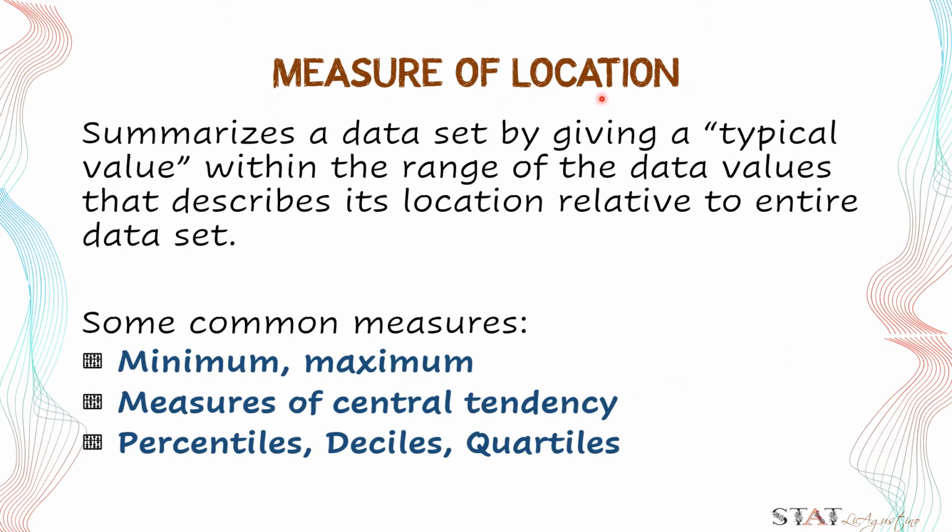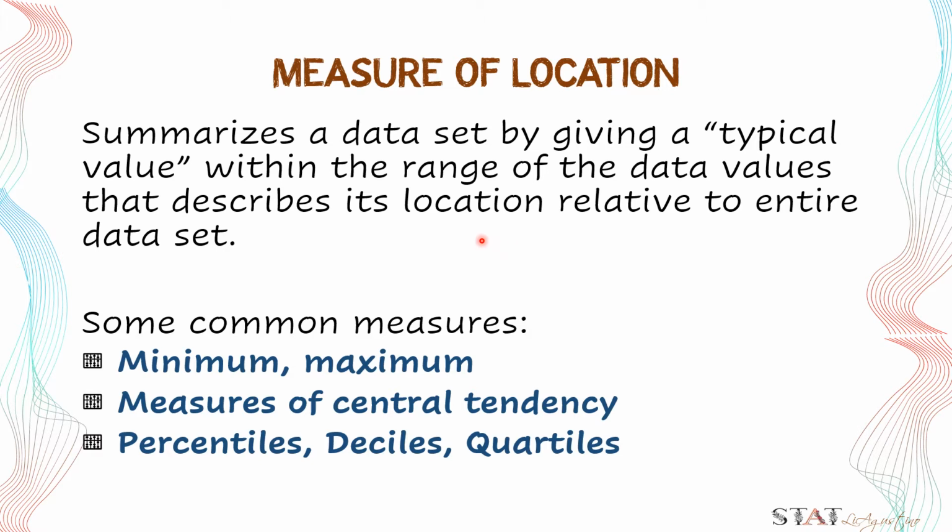Measure of location summarizes a data set by giving a typical value within the range of the data values that describes its location relative to the entire data set. I believe you already have an idea what the mean is, what your average grade is, what your vital statistics are.